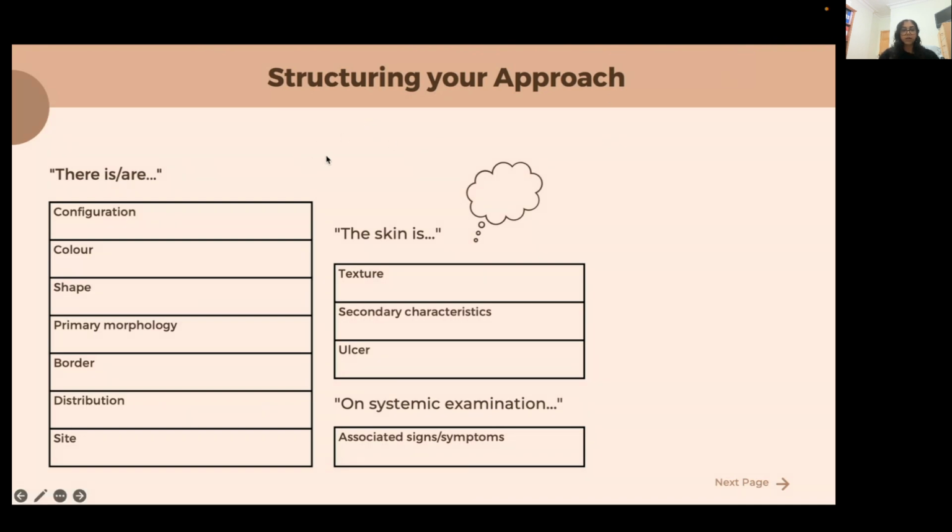This framework covers the important terminology that you should be using when describing a skin lesion. It doesn't apply to every skin lesion. For example, certain skin lesions might not have any secondary characteristics, so you're not going to mention that, but I'll go through some examples and it will make more sense how we can use all of these.